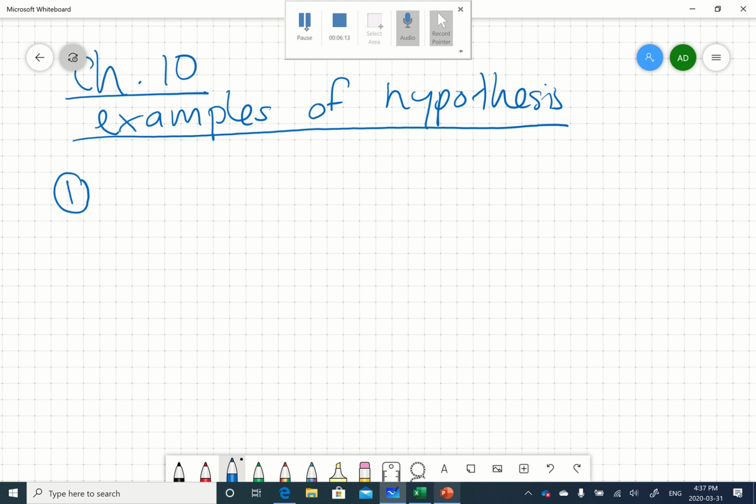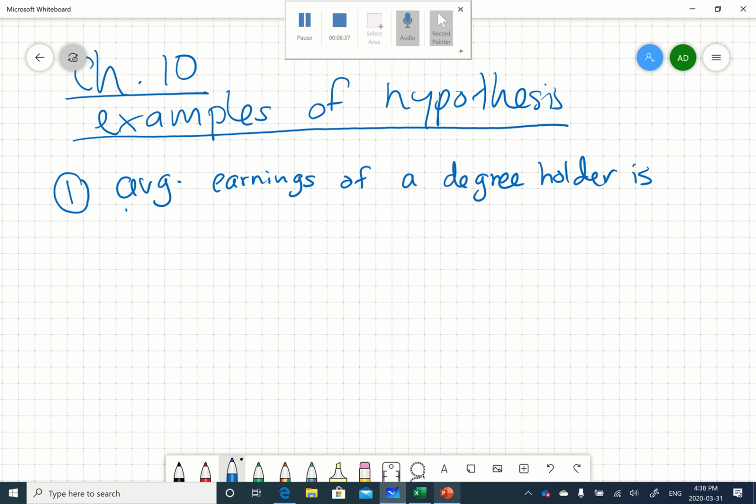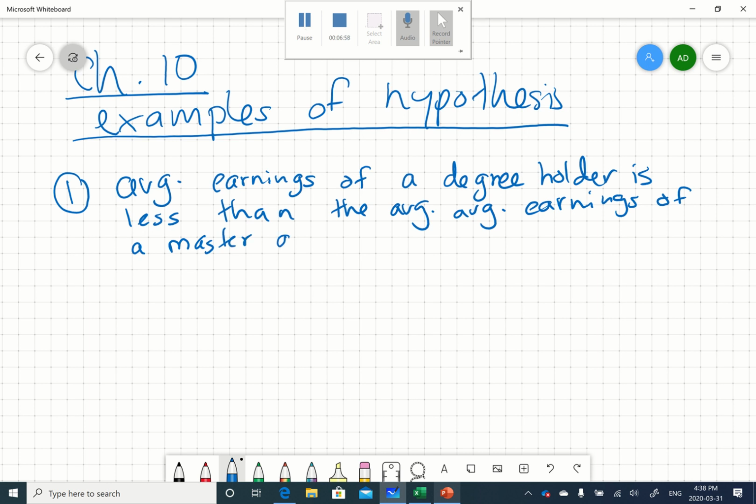Let's say somebody claims that the average earnings of a degree holder is less than the average earnings of a master degree holder.